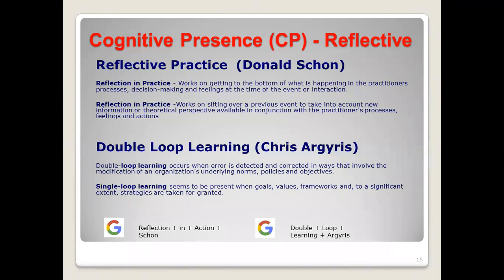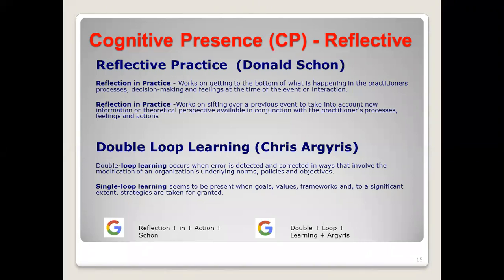Well, I need the guidance for darn sure, because somebody else who would be a great guide would be Donald Schoen, who wrote a book about reflection, and that's based on the same concept, which is reflective practice, reflecting in practice, reflecting on practice. And then Argyris came up with the notion of double loop learning.